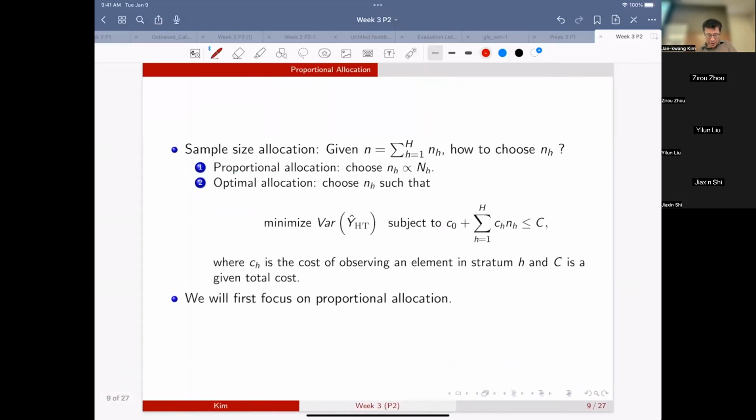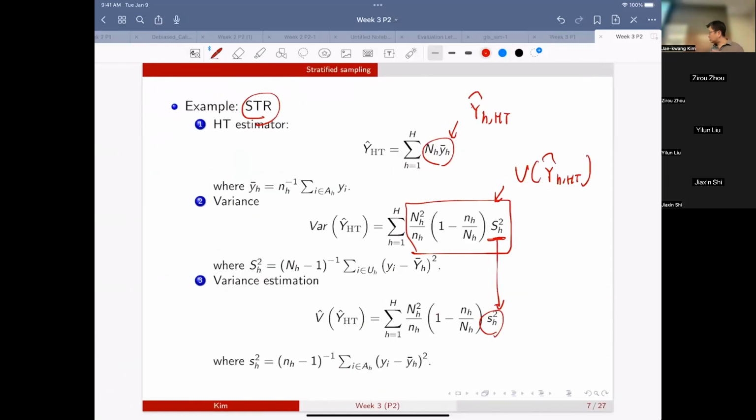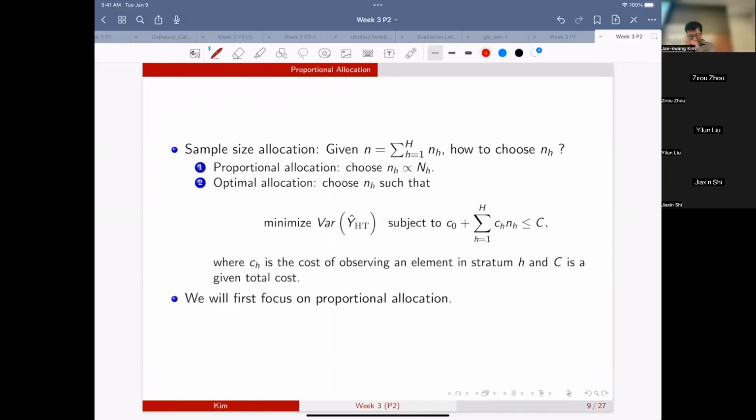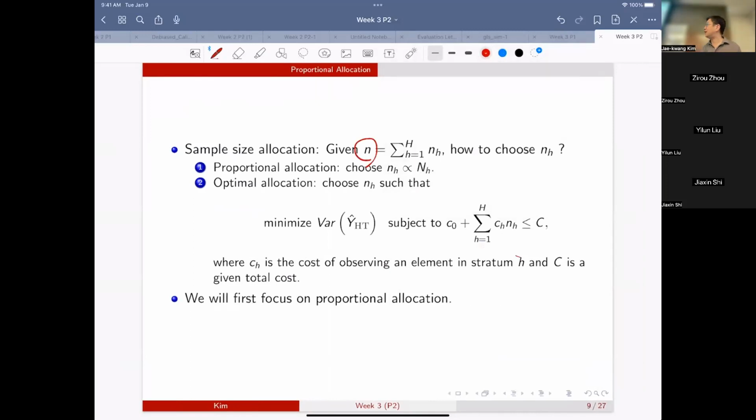And now we focus on choosing the sample size within each stratum. The sample size allocation problem is: given the total sample size, how to choose nh? There are two popular methods.